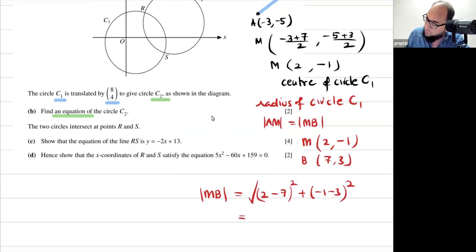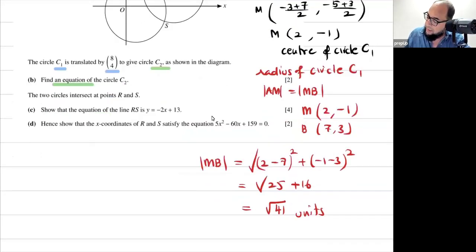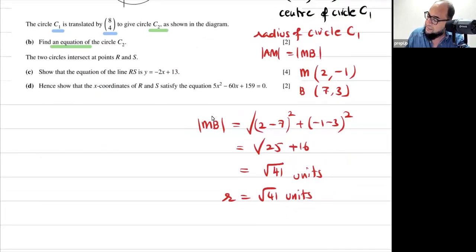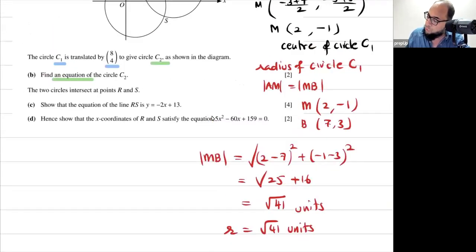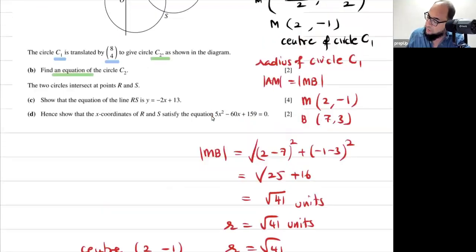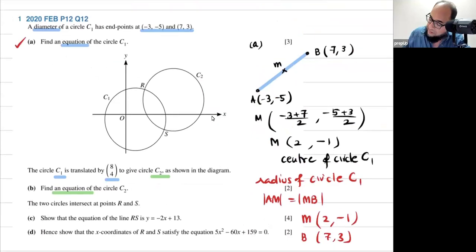That is (-5) squared, which is 25, and (-4) squared, which is 16, and the square root comes out to be root 41 units. That is the radius. So the center is (2, -1) and the radius is root 41. I'm still on the first part, that is for 3 marks.